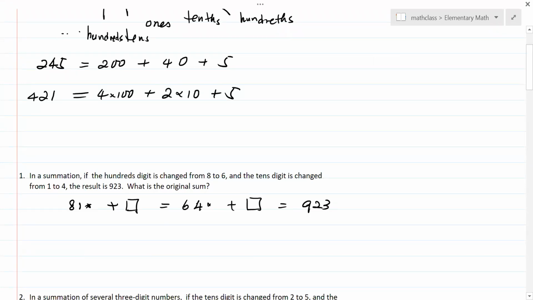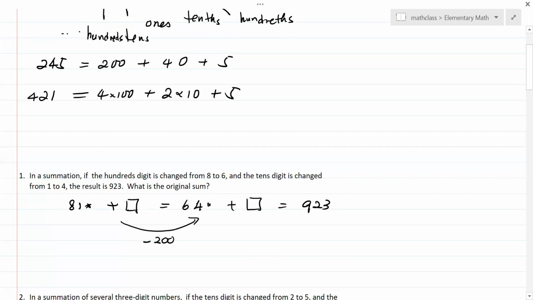We only need to know how the original number changed to this one. When you change 8 to 6, you actually decrease the number by 200.